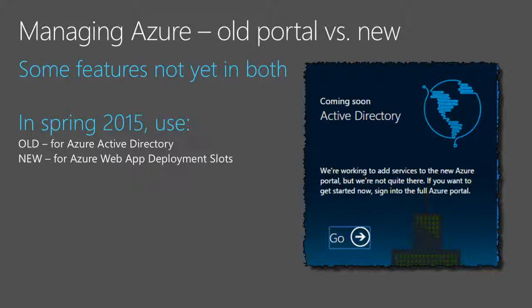And that's just how it is here in spring 2015. So that will change, and Microsoft will put everything into the new portal. But for now, Azure Active Directory, anything that you need to do there, you'll be in the old portal. So if you're starting to see different flavors of Azure in presentations and conferences, and even in this talk, that's the reason. Now, one of the things that is only in the new portal is something called deployment slots, and that's something that we're going to think about now.